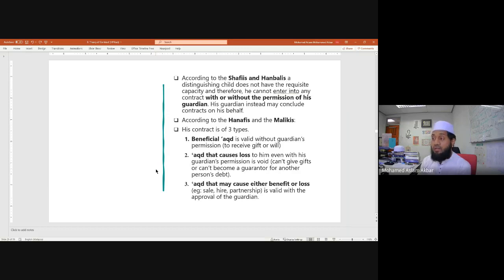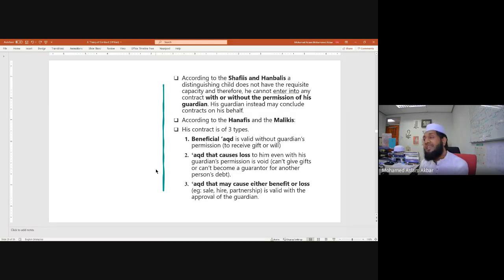It is valid with the approval of the guardian, which means that you get the approval of the guardian and then you can actually do business. This is where, with your mother's permission or your uncle's permission, you can sell products in pasar malam.